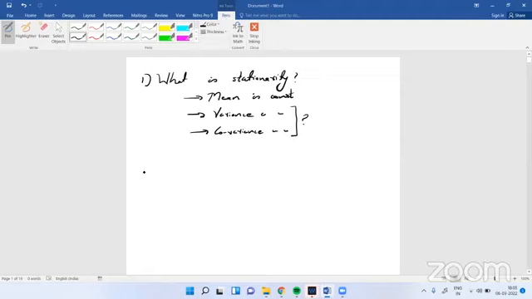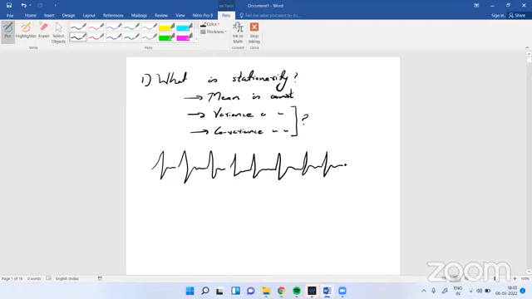Let's understand this again. Suppose this is the ECG of the heart. If I'm saying that the mean should be constant, then this should be a mean returning series.